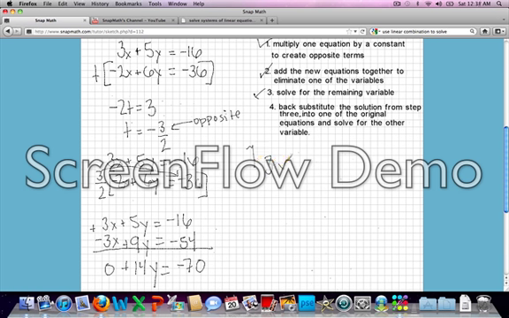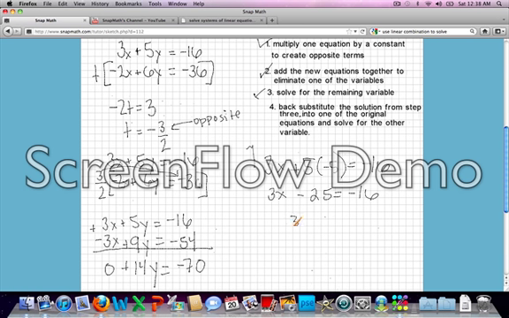So I have 3x plus 5 times negative 5 is equal to negative 16. Or we can simplify this. 3x minus 25 is equal to negative 16.